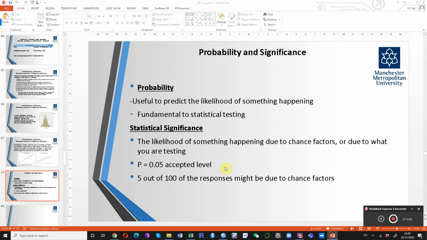It means that you have a 5% chance of falsely accepting hypothesis 1. So there's a 5% chance that your acceptance of H1 is actually wrong. But we're talking about probabilities here. We're not saying you're definitely right or definitely wrong.